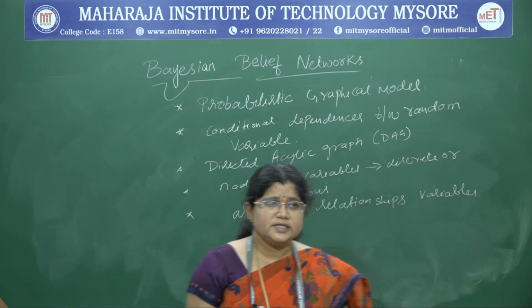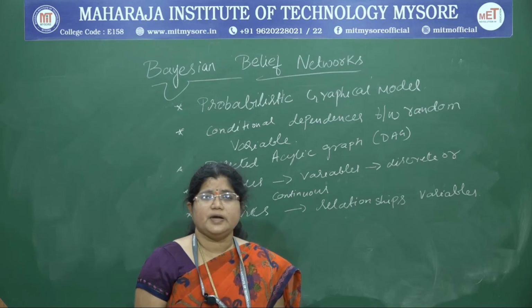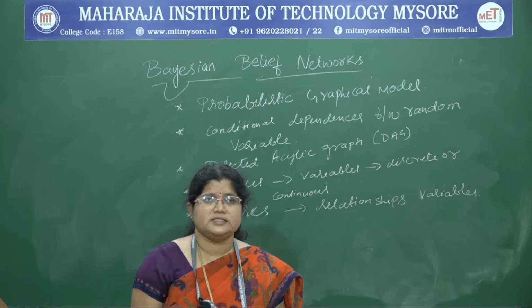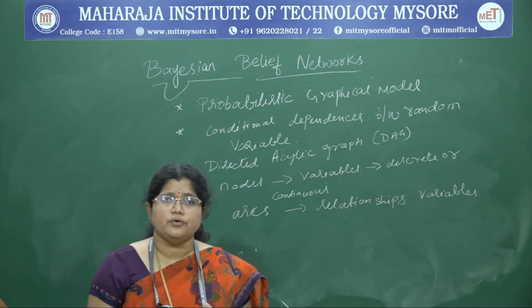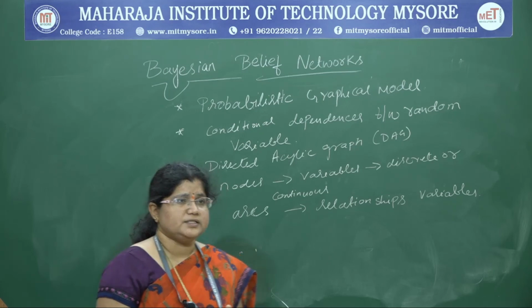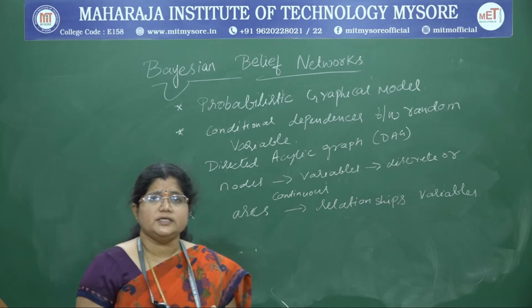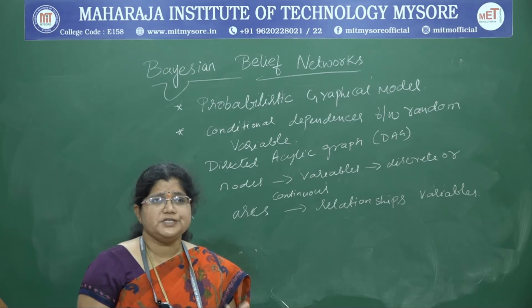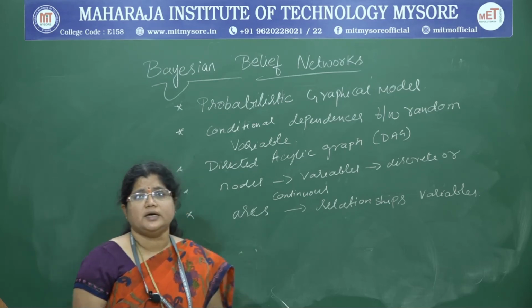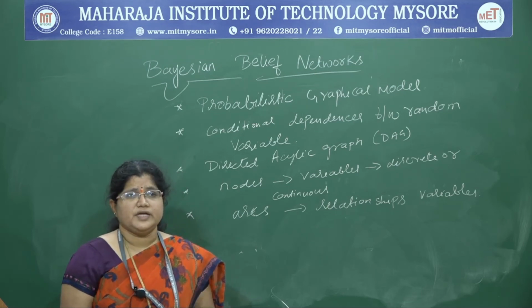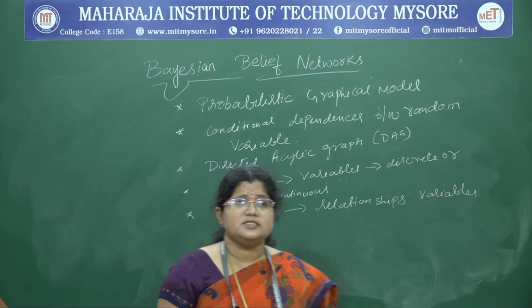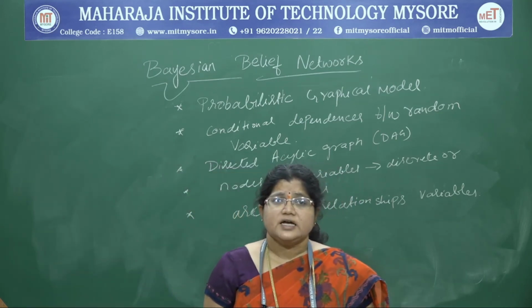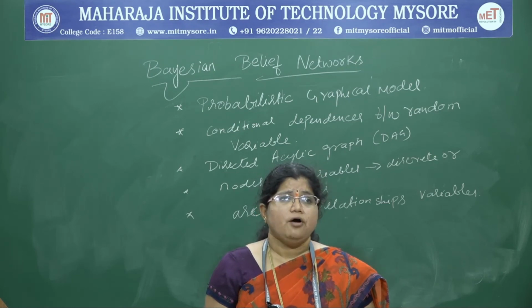As I said, a Bayesian belief network is represented by a directed acyclic graph, and together with this there is a set of local conditional probabilities, where the conditional probabilities depend on the variables in the joint space represented by the nodes in the Bayesian network.